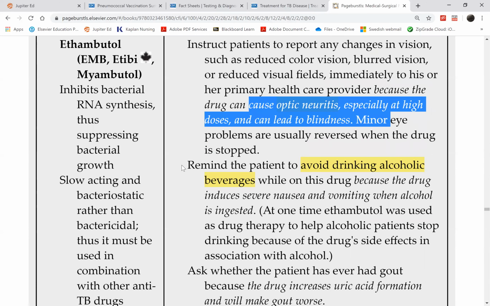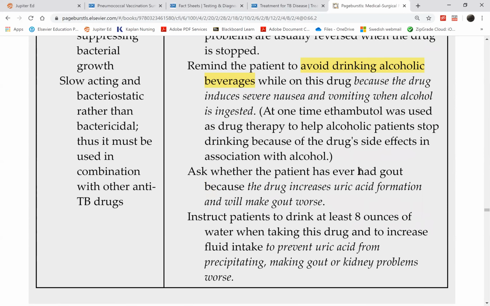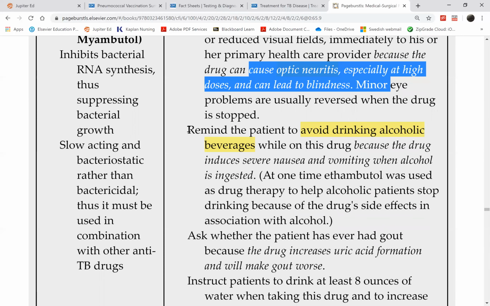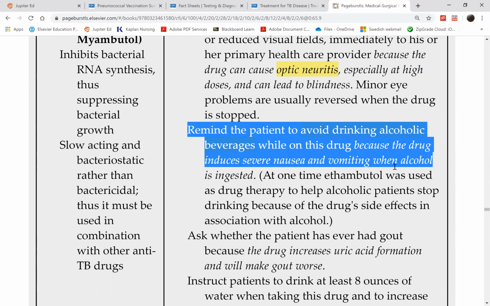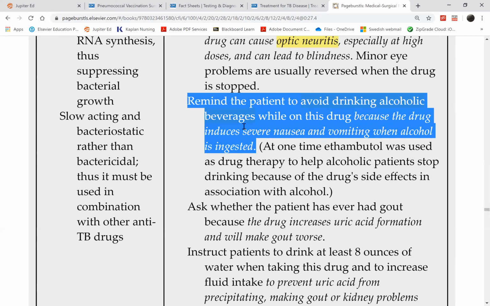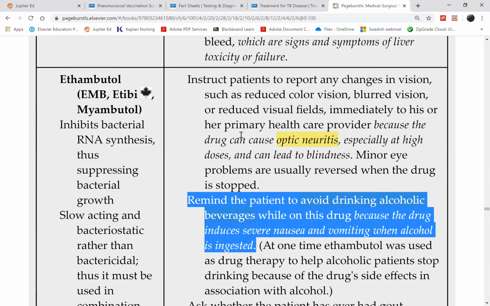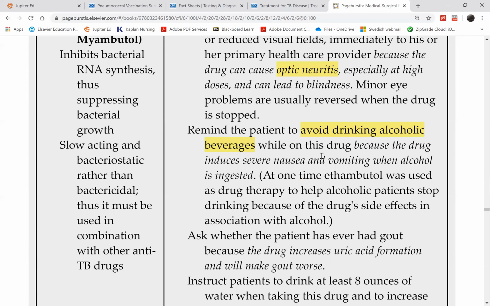For ethambutol, it doesn't say it's hepatotoxic. All it says here, though, is that you don't drink alcohol because it causes or induces severe nausea and vomiting. But since you're taking all 4 drugs anyway, you can't drink alcohol with it just the same. Although it doesn't damage the liver, it does cause severe nausea and vomiting when taken with alcohol.